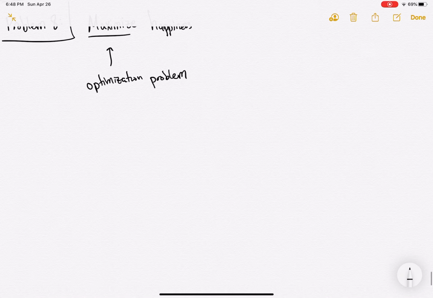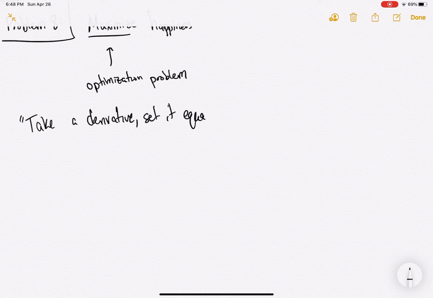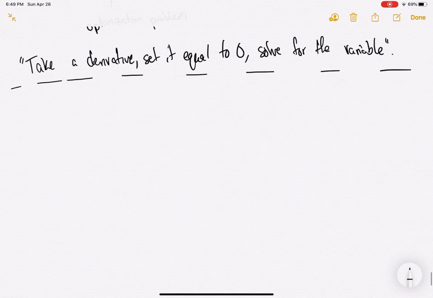So everybody's screaming at the screen: take a derivative, set it equal to 0, solve for the variable. So let's do that, but of course, we need a function first. Need our known and unknown functions first.